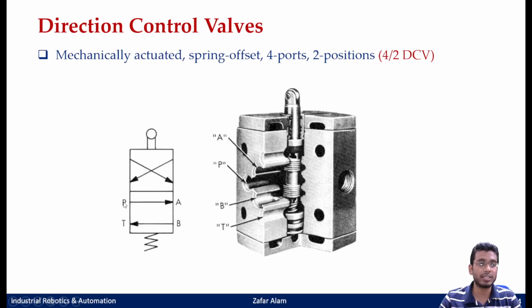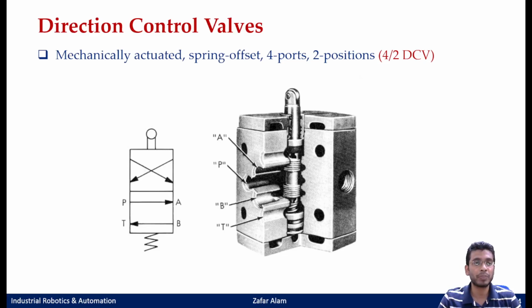Why? Because the letters of the pressurized port, A, B, and T, are written towards the lower half of the symbolic representation of your valves. And in the actuated position, the upper portion is your actuated position, which gets actuated once this roller valve is actuated, by some mechanism, either something touching it or some other mechanism.